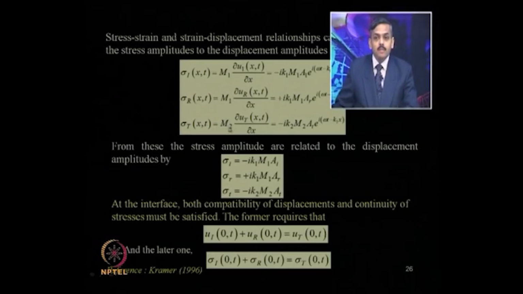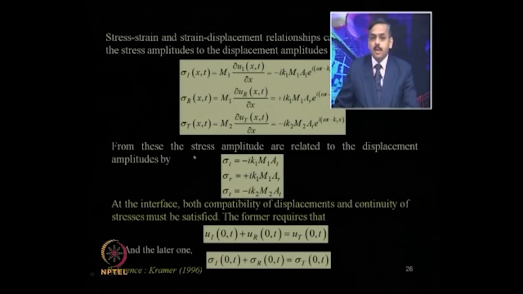Now, what is the modulus for the transmitted wave? That is the modulus of the second material, m 2, and the partial differentiation of u of t with respect to x gives us minus I k 2. So, minus I k 2 comes from here, m 2 times a t times e to the power I omega t minus k 2 x.